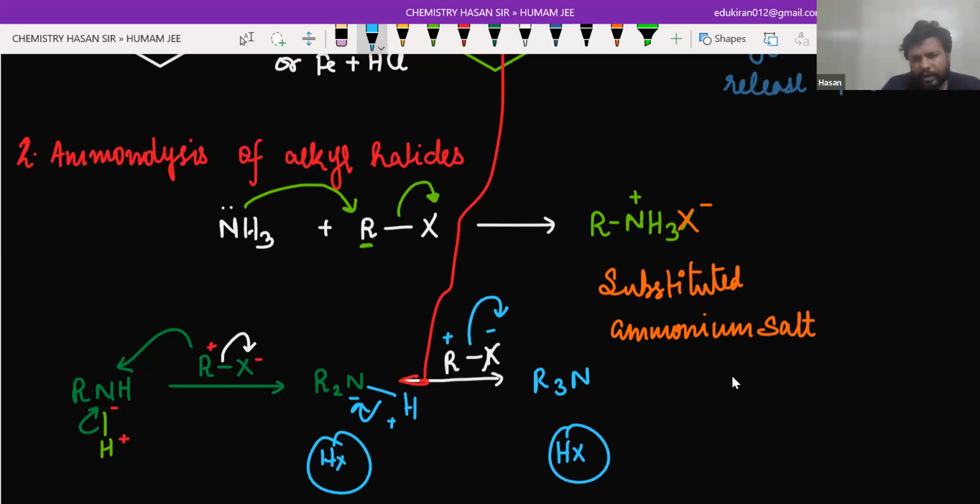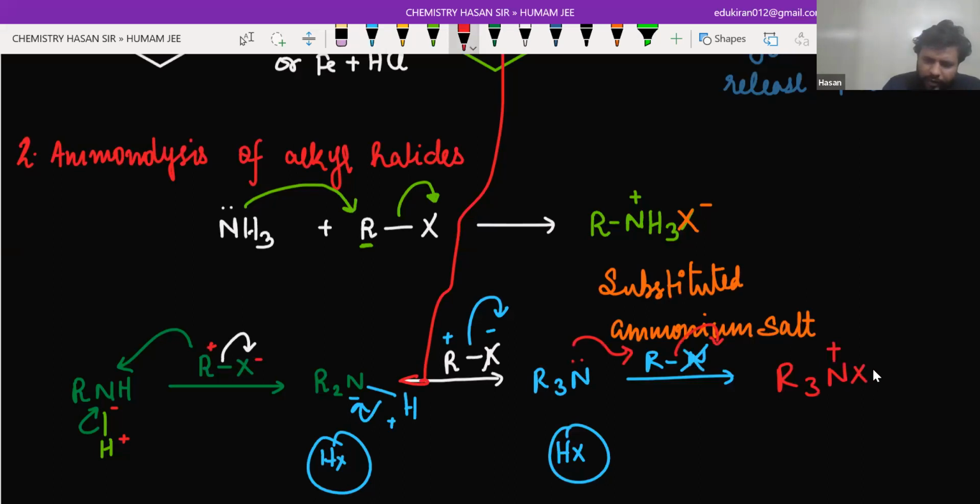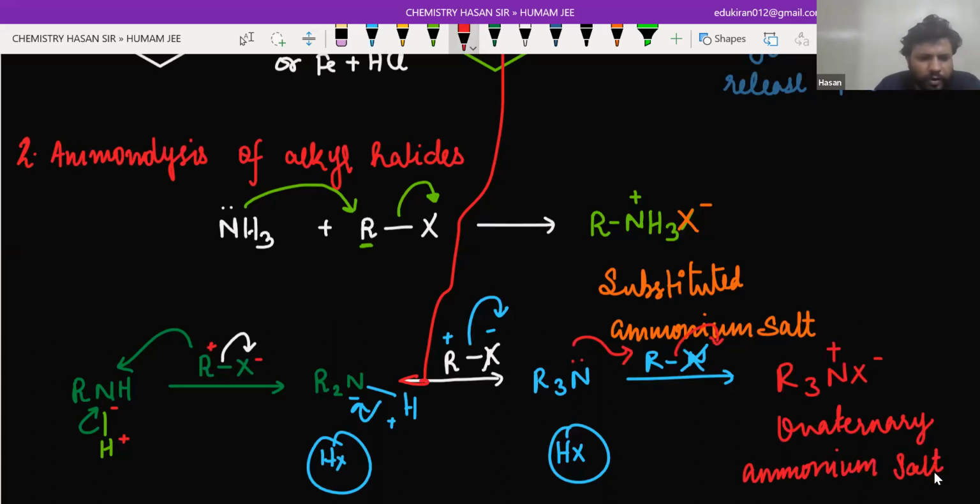And you can see again RX will come into play. Here when it is going to move from here, this will be attacking on this. So that will form R4N positive X negative, and this is your quaternary ammonium salt.